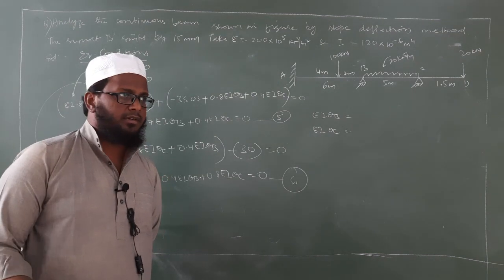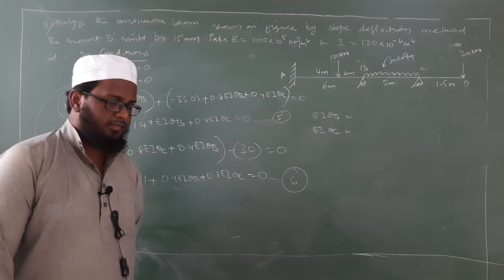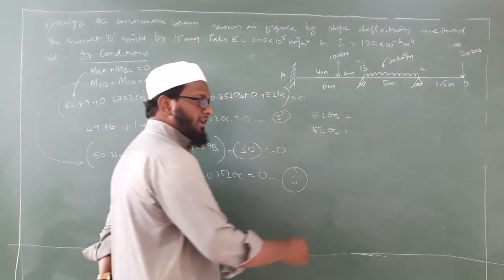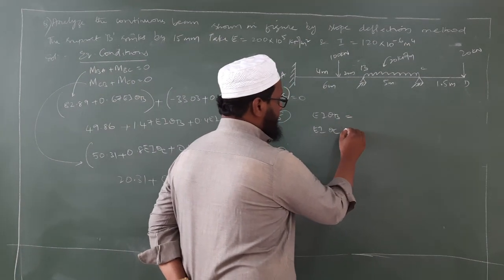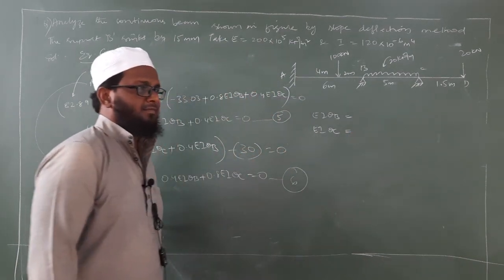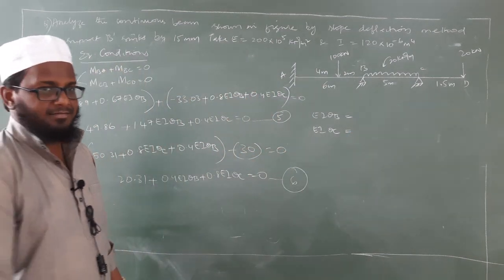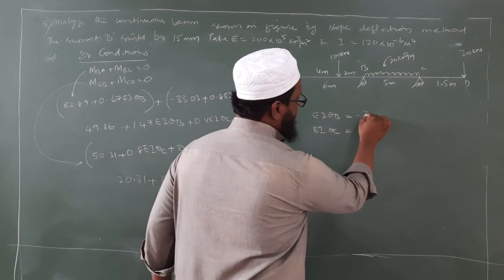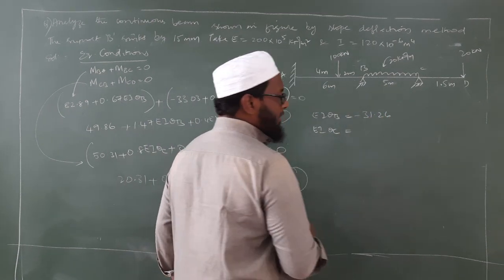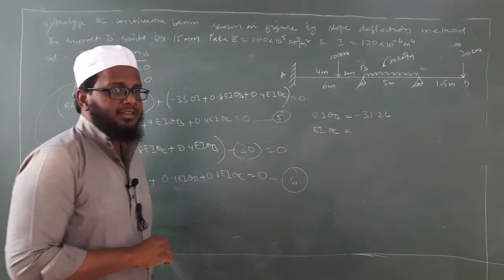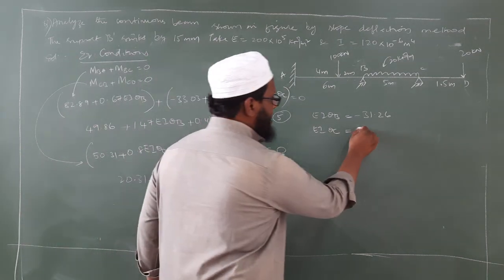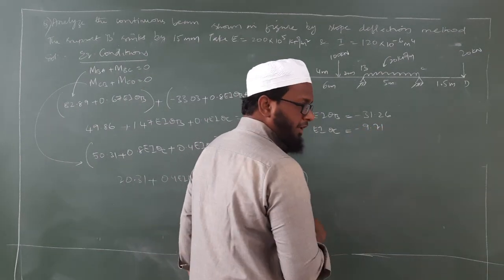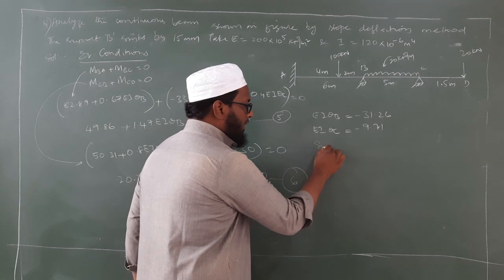Able to follow this one? Yes? Right. So tell me the value of EI theta B and theta C. Minus 31.26. And what about EI theta C? Minus 9.71.